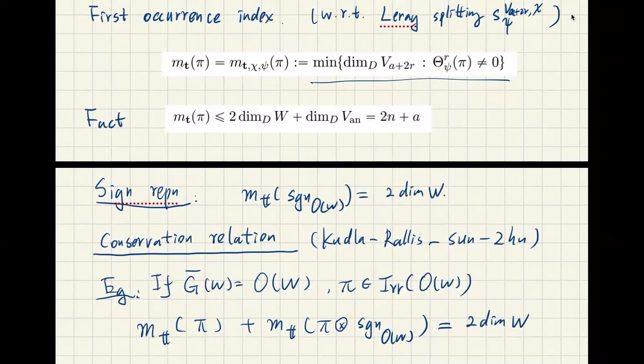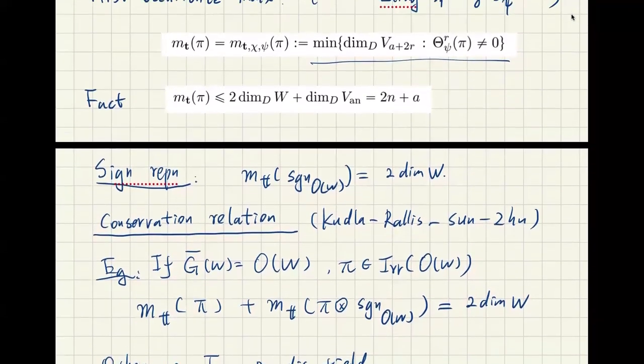The previous statement, that the stable range always has a lift, can be rephrased as follows: the first occurrence index is less than or equal to two times the dimension of W plus the dimension of the anisotropic kernel of V.